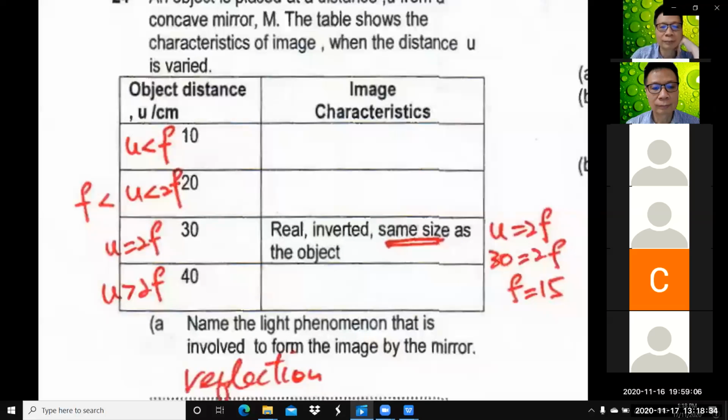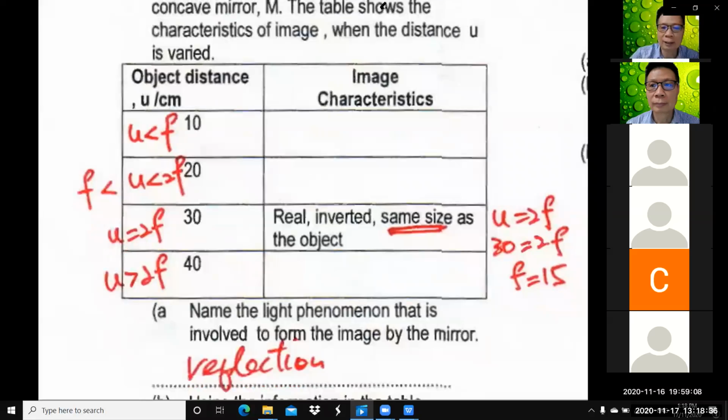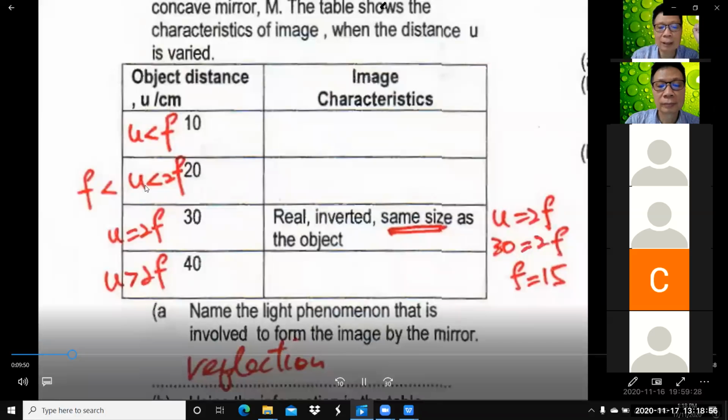Mirror reflects the light, and through reflecting the light you can form the image. Mirror is reflection, but lens is refraction, F-R-A-C, so remember that. Mirror reflects, but lens, prism like that, refract the light.